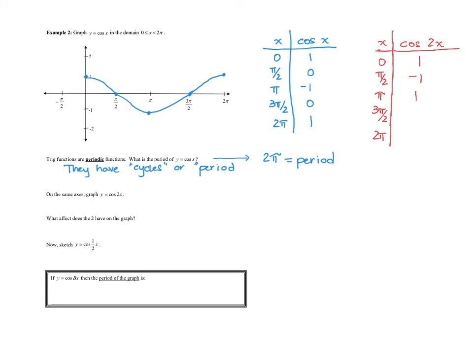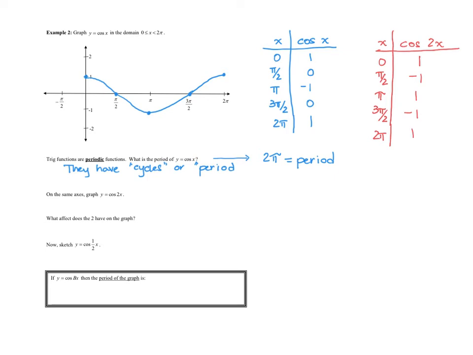And 3 pi over 2 times 2 would be 3 pi. And the cosine of 3 pi, well, that would be coterminal with pi, so that would be negative 1. And 2 pi times 2 is going to be 4 pi, which is coterminal with 2 pi. So cosine of 2 pi, again, is 1.